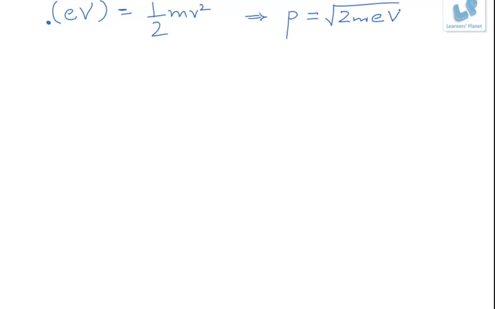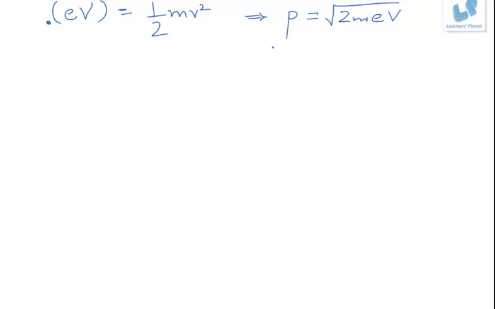the electrons which were accelerated by a potential difference V will have an energy equal to eV. Now this energy will be equal to the kinetic energy, half mv squared. So if you wish to find out the momentum of the electron, that would be equal to under root of 2meV.